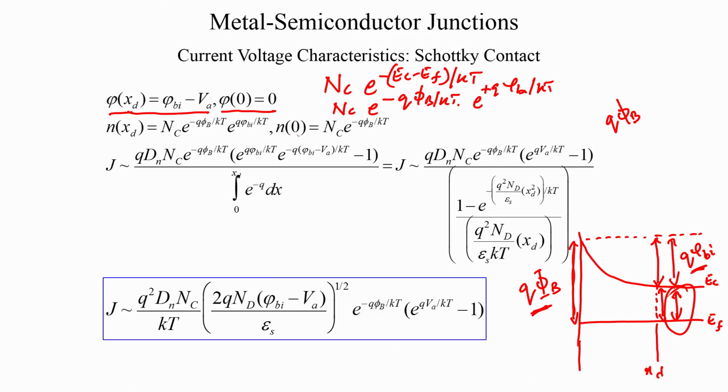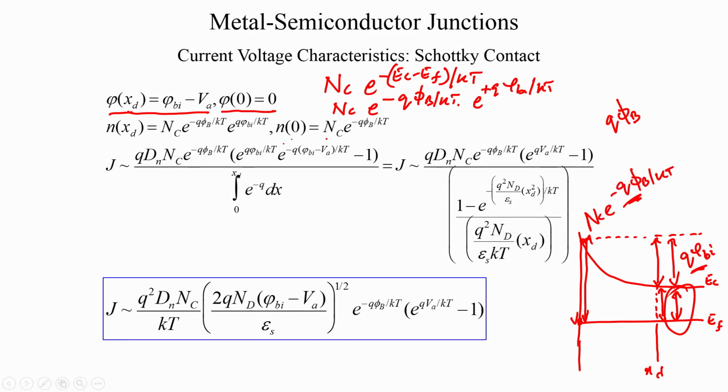And at x equal to 0, once again the carrier concentration has not changed much from the equilibrium case, and your Ec minus Ef remains to be your Nc e to the power minus q phi b by kT. So, that is your Ec, that is your Ef, and that is the difference, which is nothing but your barrier height by kT.